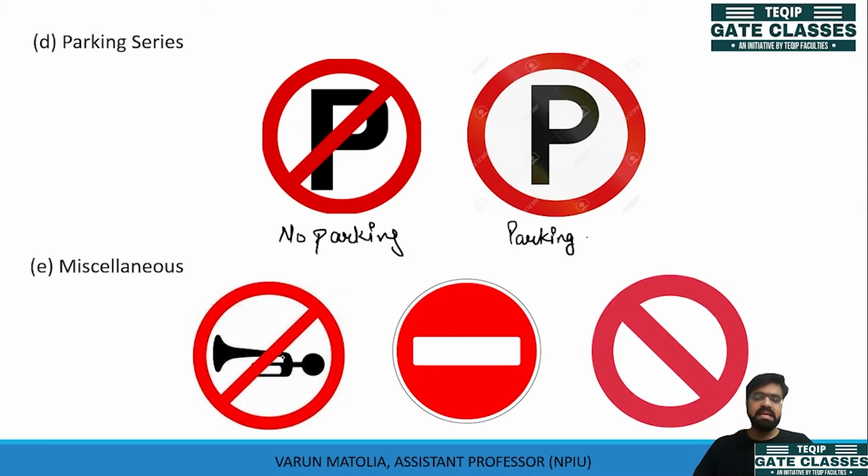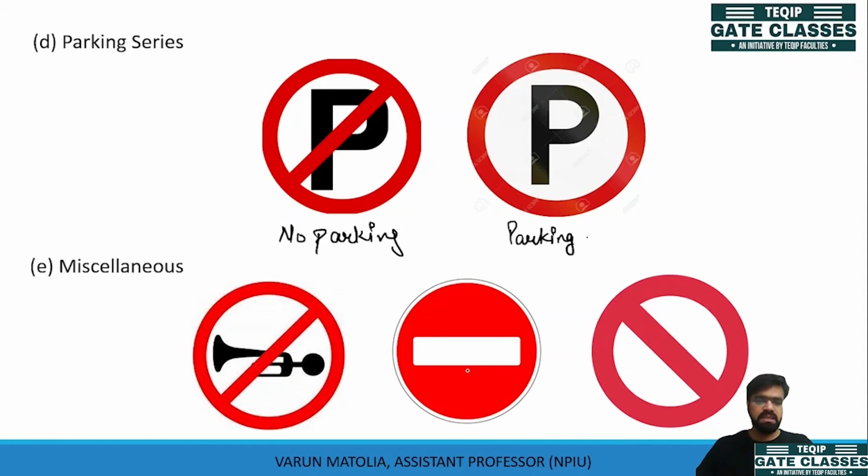Then miscellaneous signs. The first one is no honking, means no horn. You should not press any horn near a hospital or a school. So these signs are visible nearby hospitals and schools, which tell you about the prohibition of pressing the horn.